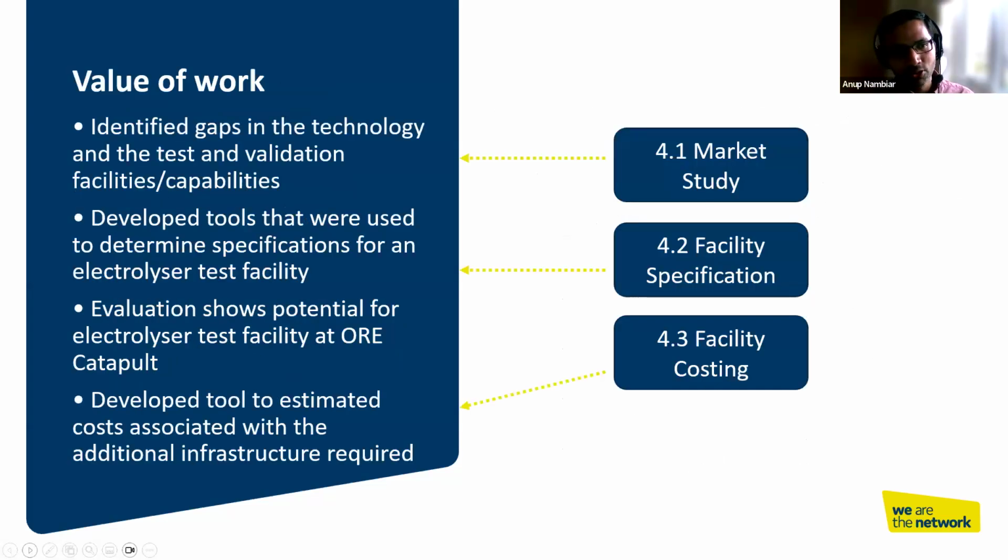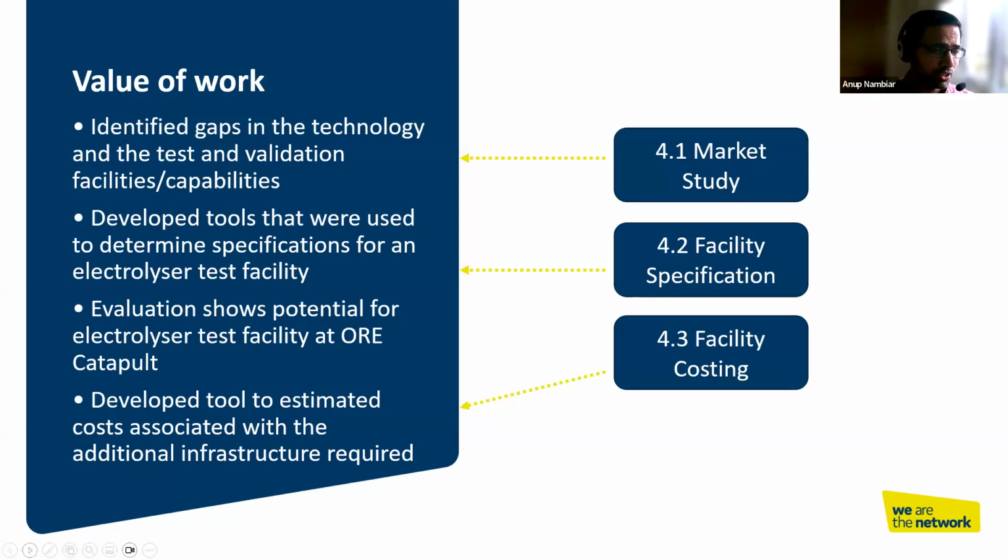That's the last slide, just quickly summarizing the key outputs from this work. The first one, which relates to the first task, is on the gaps, the technology validation and demonstration requirements that we've identified through all the engagement we've had and the review we've done. The second one, around facility specification, is the tool, or the set of tools, we've developed that lets us determine specifications for all the infrastructure required for deploying such a test facility.